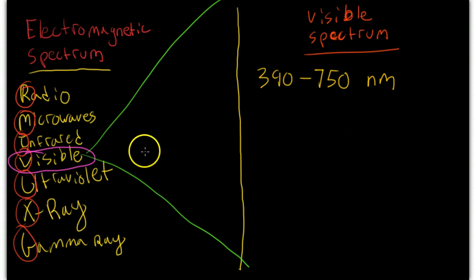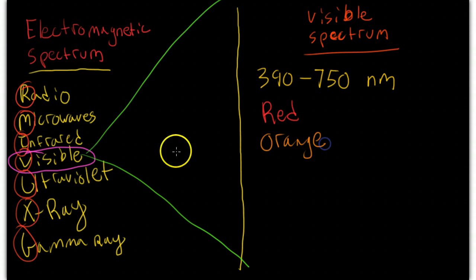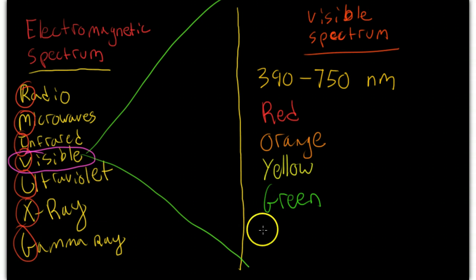That means we can pick up colors in the classic color wheel: red, orange. I can't believe I'm not doing these in their respective colors. Red, orange, yellow, green, blue, and finally purple.